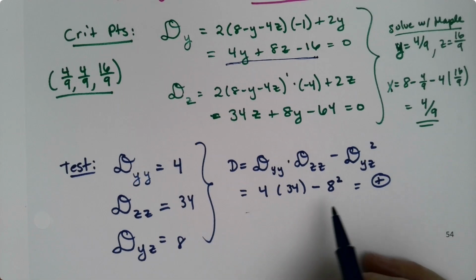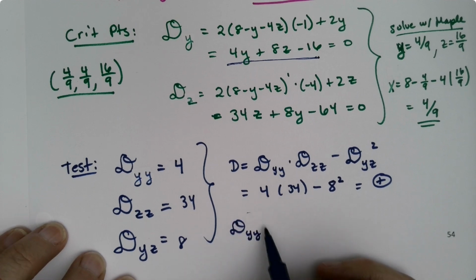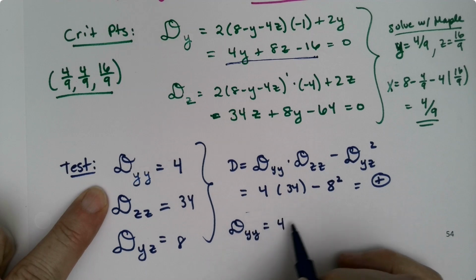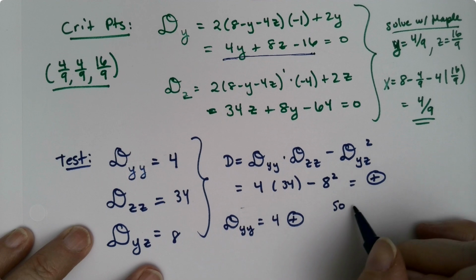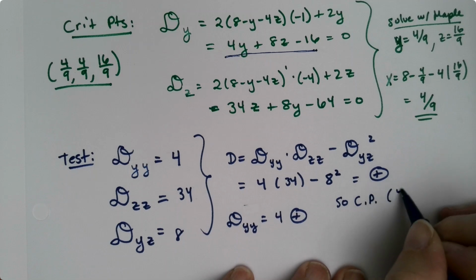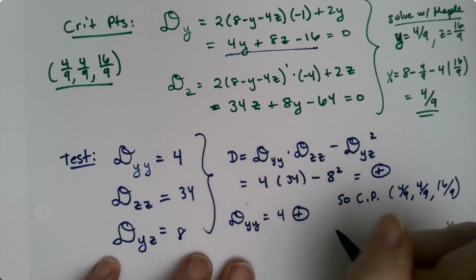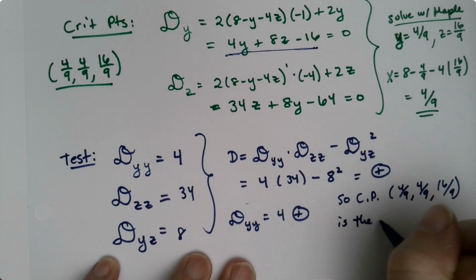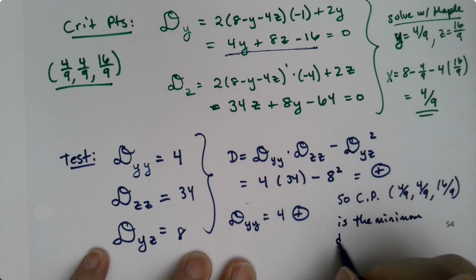Well, if it's positive, we have to check d yy. D yy is also positive. And if they're both positive, that means that the critical point, CP, 4 ninths, 4 ninths, 16 ninths, is a minimum, right? Is the minimum. Just like we thought it would be, distance to the origin.